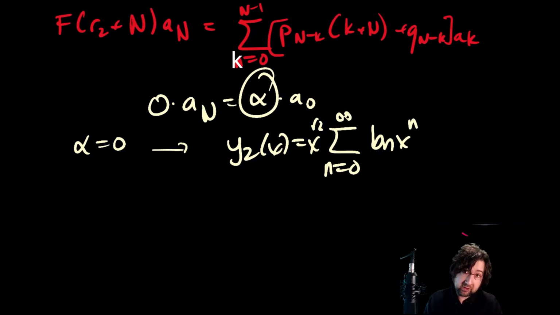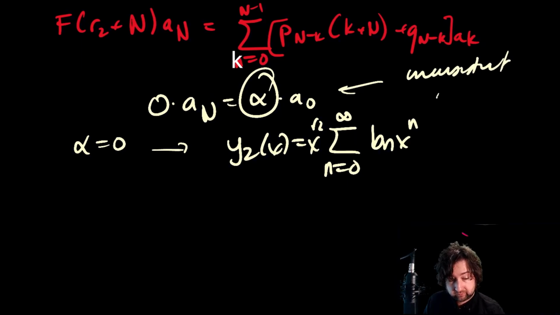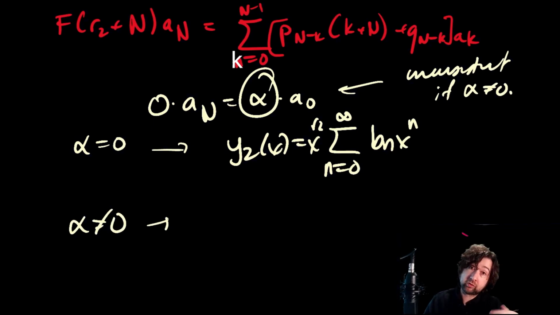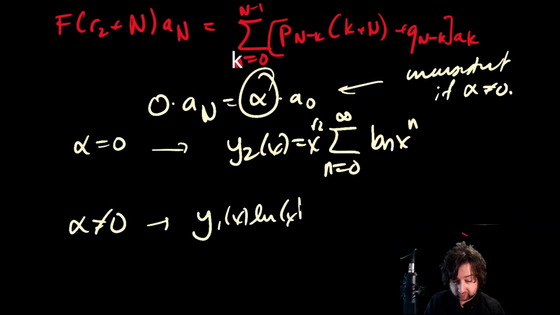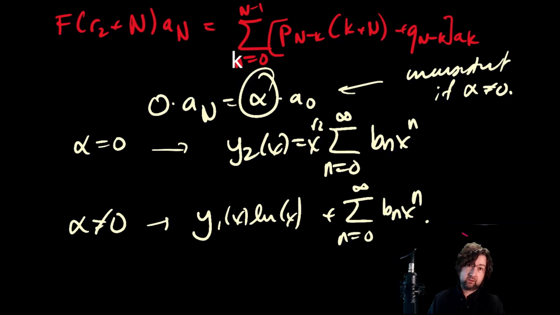You can't use a Frobenius series because the recursion fails, because this equation will be inconsistent. In which case, if alpha is not 0, then your second solution comes from reduction of order. It's going to, again, be y1 of x, natural log of x, plus the sum from n equals 0 to infinity of bn x to the n. So whatever happens with alpha tells you the form of the solution in this case. This is the most complicated case because it could go either way.